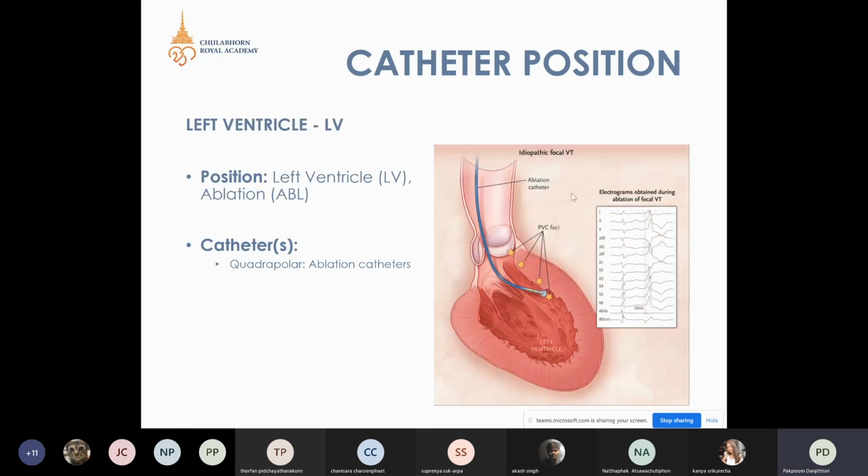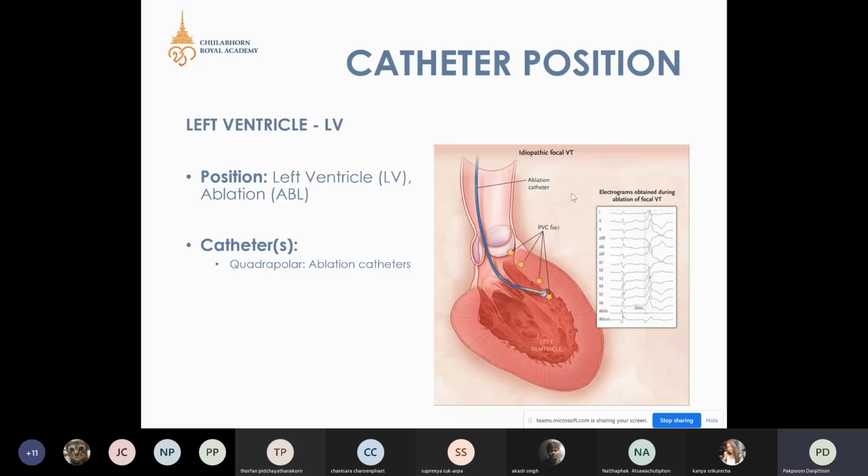The left ventricle, we often don't place any diagnostic catheter inside the left ventricle because, let's say again, in the standard procedure, we can use the RV catheter or CS catheter or His catheter to study the electrogram.